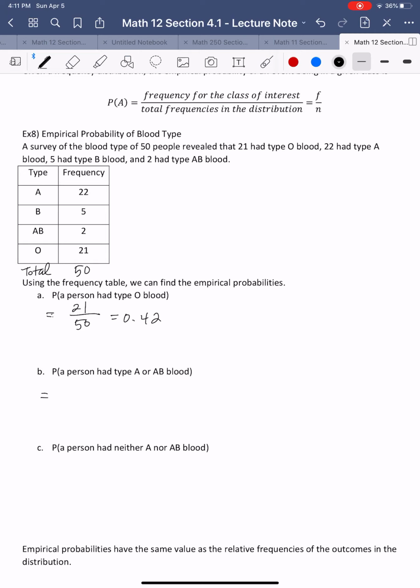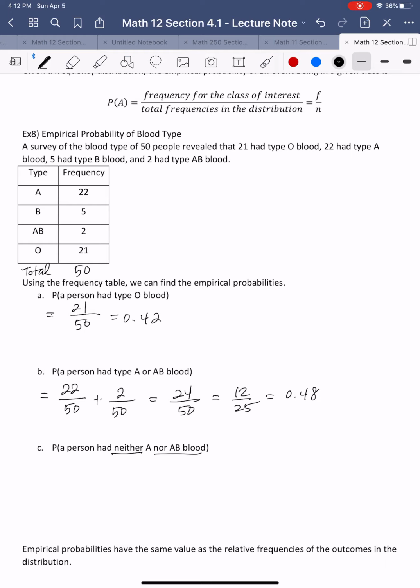The next one, we're looking for the probability of type A, which is 22, and then type AB, which is 2 out of the 50, which makes 24 out of 50, reduced to 12 over 25, as a decimal 0.48. A person who had neither A nor AB.